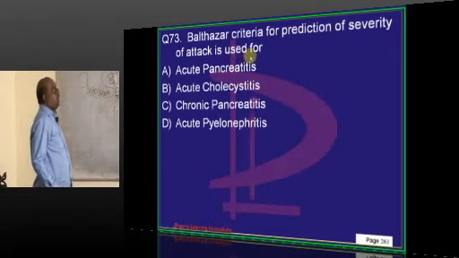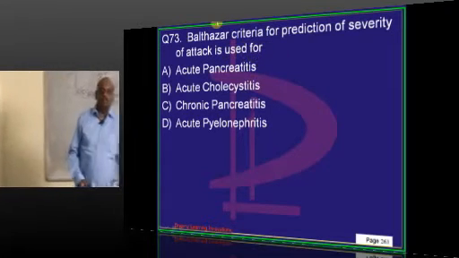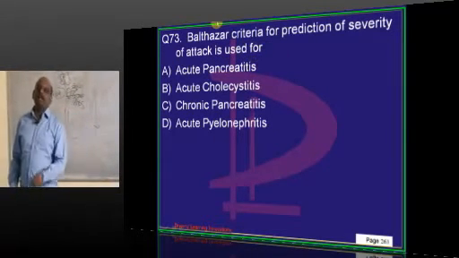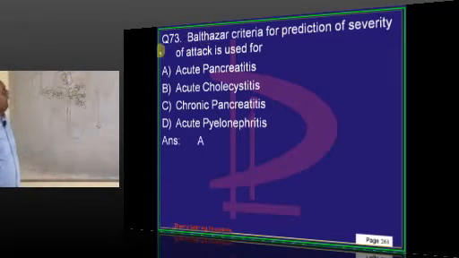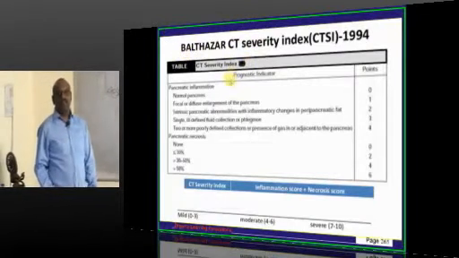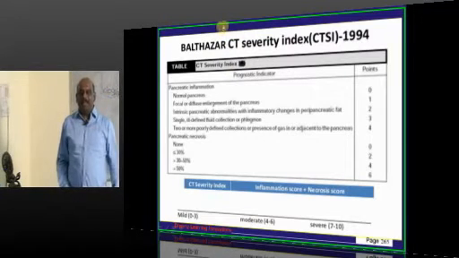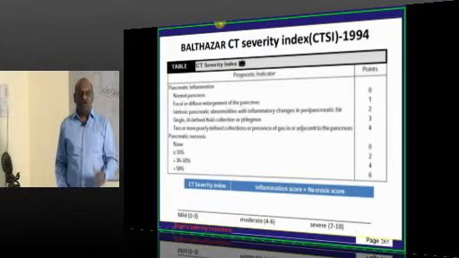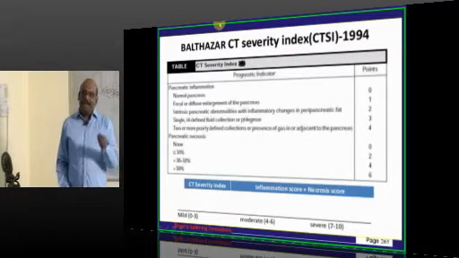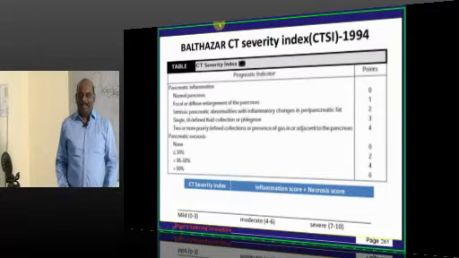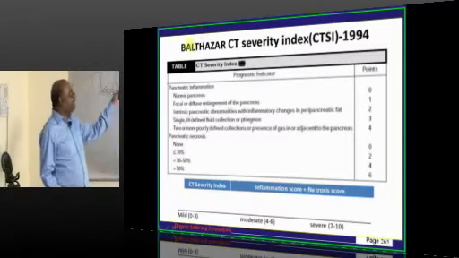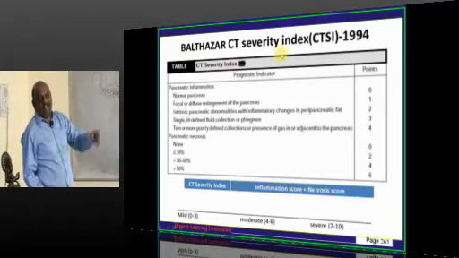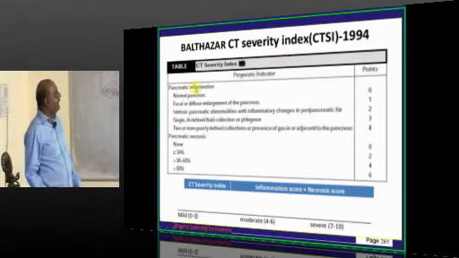Okay, doctor? Then, what are Balthazar criteria? This was recently asked in JIPMER or AIIMS exam. So, it is for acute pancreatitis. Ranson's criteria था pancreatitis में, वो examiner bore हो गया पूछ के. Glasgow भी था, वो भी bore हो गया. Apache भी था, वो भी bore हो गया. अभी नया criteria आ रहे, वो है Balthazar CT severity index radiologically.